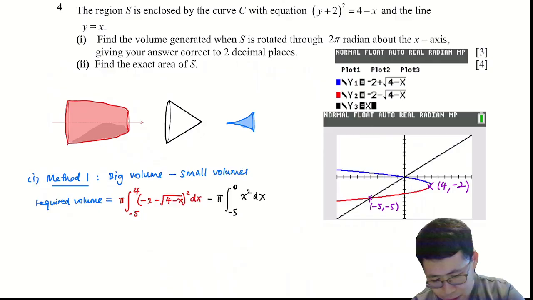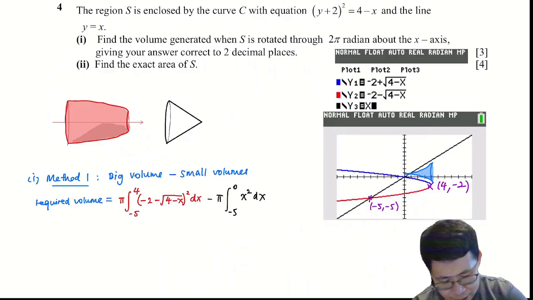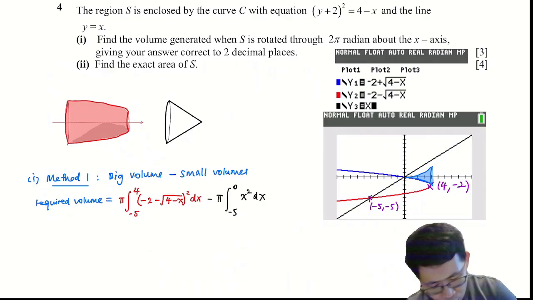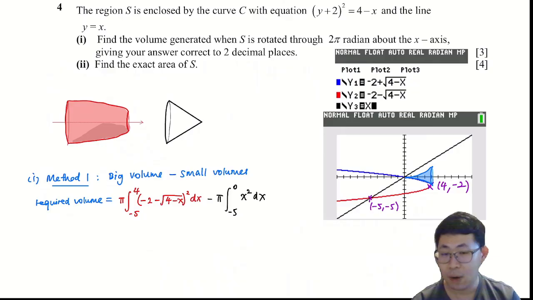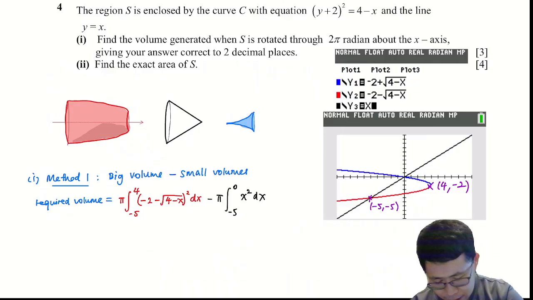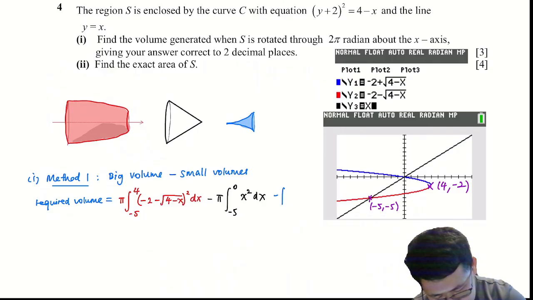Last but not least, the blue color volume. From where to where? From 0 to 4 of this blue color curve. This blue color curve is actually y1 over here. So writing this over here will give me pi from 0 to 4.